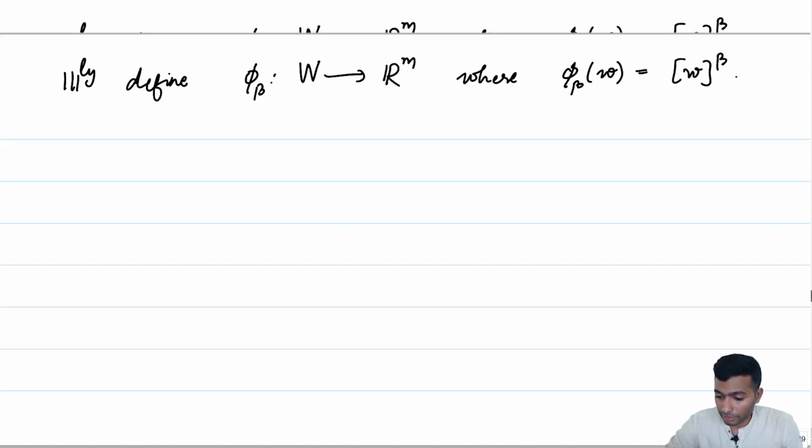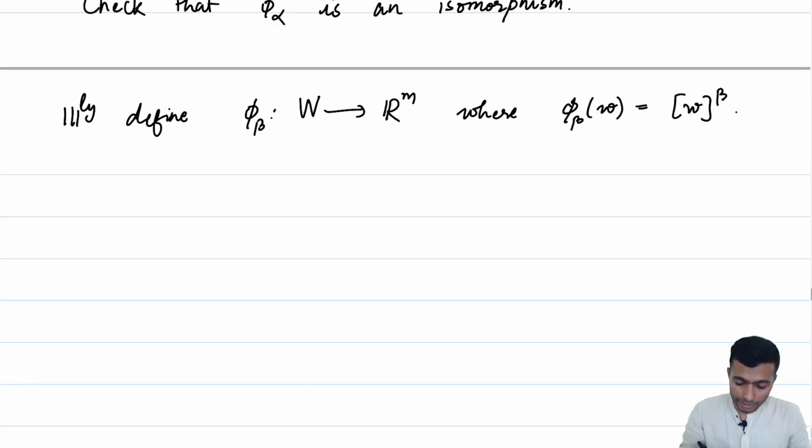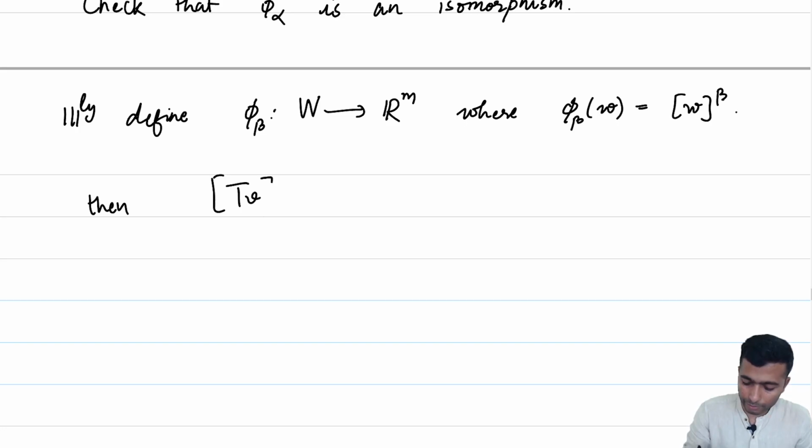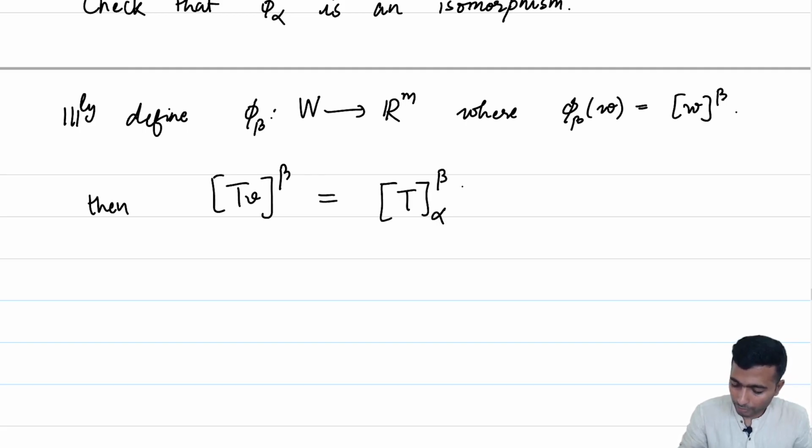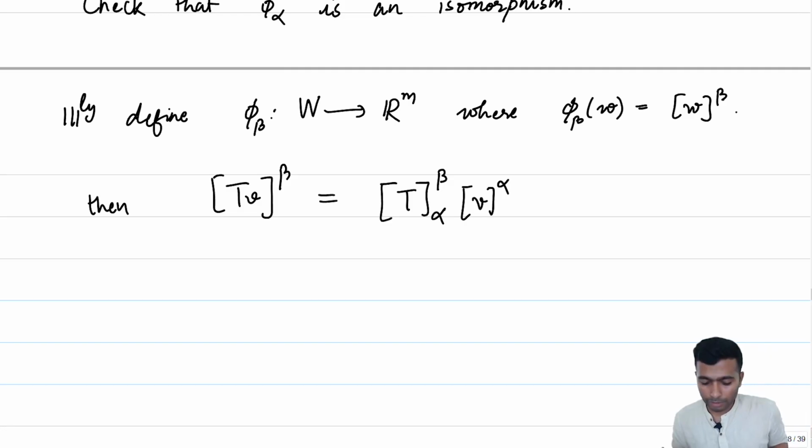Now, the matrix representation of T with respect to alpha beta tells us that TV with respect to beta is equal to T alpha beta times V alpha. This is the impact of going down to basis alpha beta.